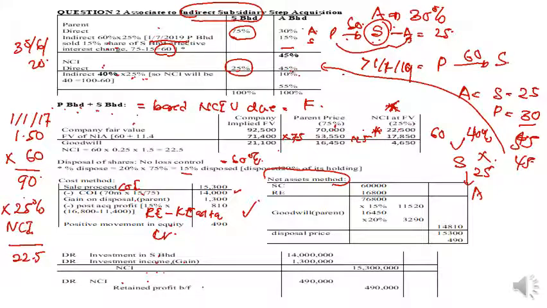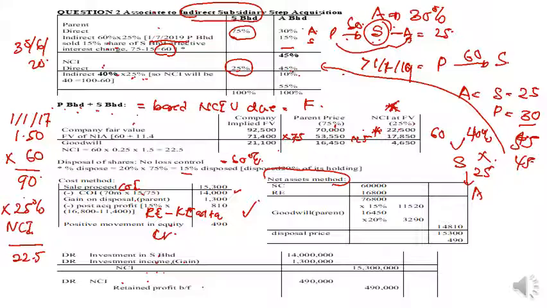Now we're going to prepare the journal entry. In the journal entry, you're going to debit investment in S. Also debit investment income to record the gain on the disposal, and credit the NCI, because the NCI bought the investments here.